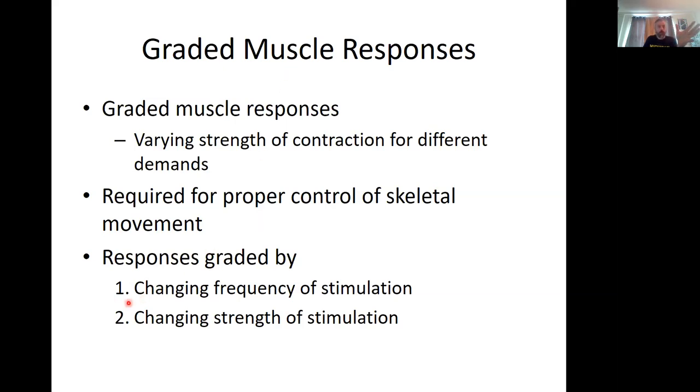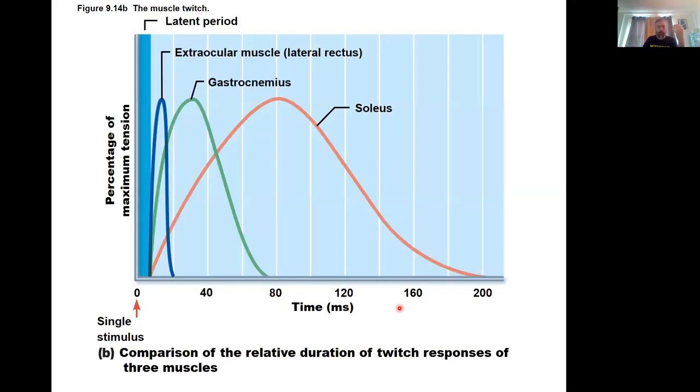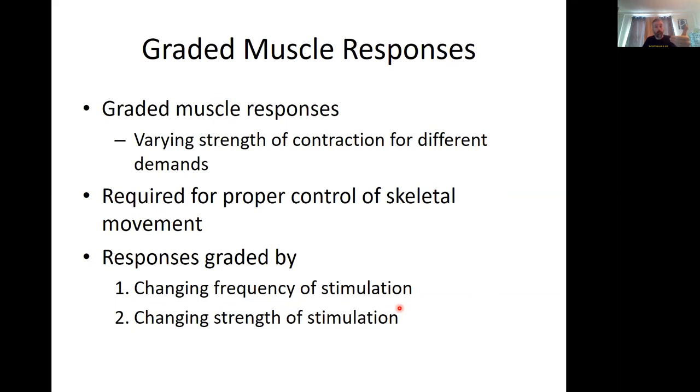The first one, we're going to talk about here in the video, is we're going to change the frequency of stimulation. We're going to send, rather than one action potential, several down the way. The second one, we'll cover in the next video, is we're actually going to change the strength of the stimulation. Well, like I said, we'll worry about that a little bit later on.